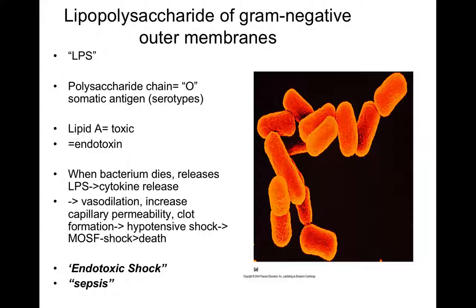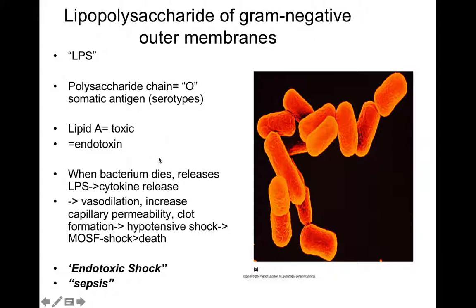We can mount an immune response against the different types of polysaccharides in the different lipopolysaccharides. It's the lipid portion, and the lipid portion is called lipid A. This is the true toxic portion. So on an exam, folks, if I asked you what is endotoxin, you could tell me either it's lipid A or you could say it's lipopolysaccharide. Where is it found? It's found in the outer membrane of gram-negative cell walls.